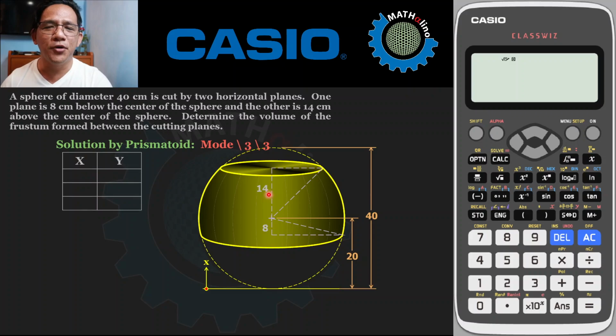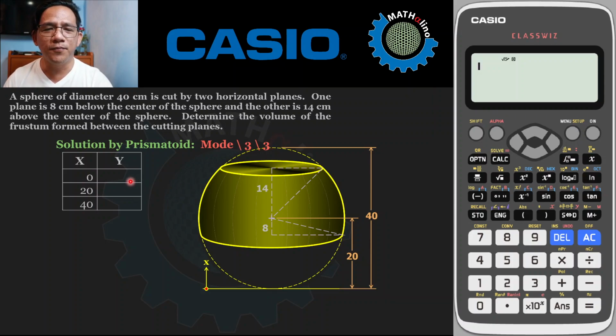We are going to input the areas from our volume. With reference to this datum plane, the distance of this point from the datum is 0. The midsection is at a distance equal to the radius, 20, and at the top the distance is 40.